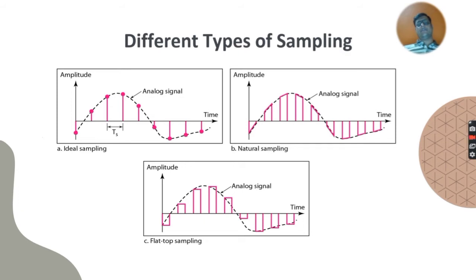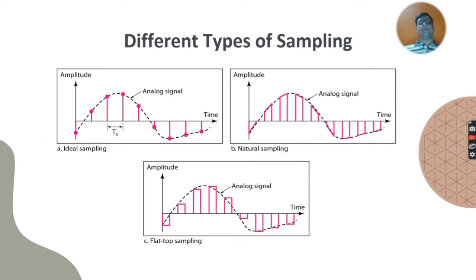The next one is natural sampling, where the samples are available naturally and amplitude variation will be there. But in flat top, you can see the amplitude is constant, meaning the top of the pulse is flat. It is not varied with respect to the analog signal. If it is varied with respect to the analog signal, then it is called natural sampling.